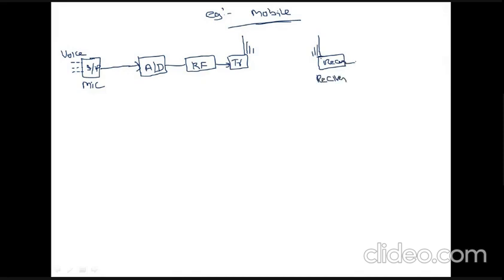From the receiver it goes to a digital signal, then digital to analog, and then this analog signal will be converted once again into voice, that is audio signal, using the speaker.